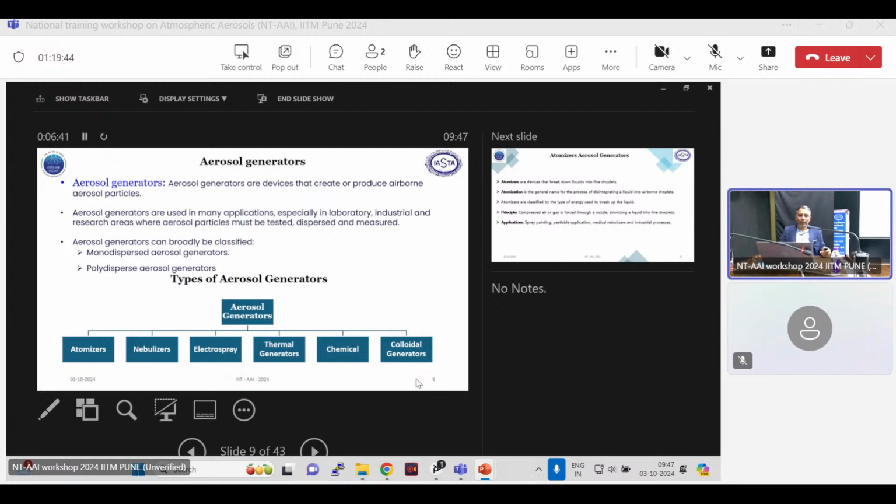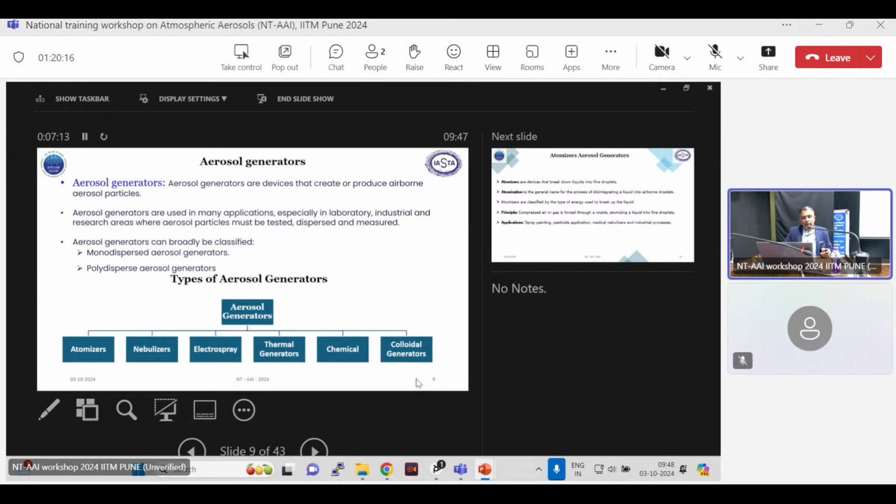So to begin, an aerosol generator is a device which creates airborne particles suspended in a gaseous medium. Aerosol generators are used in many applications, from industry to laboratory to research, and for measuring transport and dispersion in the open atmosphere. They can be broadly classified in two ways: monodisperse aerosol and polydisperse aerosol generation.